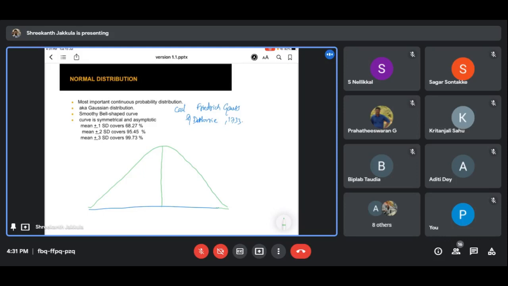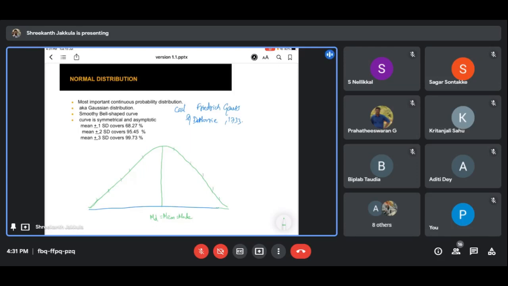As we have earlier seen in frequency distribution, the median is equal to the mean is equal to the mode. It is a smooth bell shape curve. Why is it smooth? Because of small, equal class intervals; if you split into different groups, they will be equal.